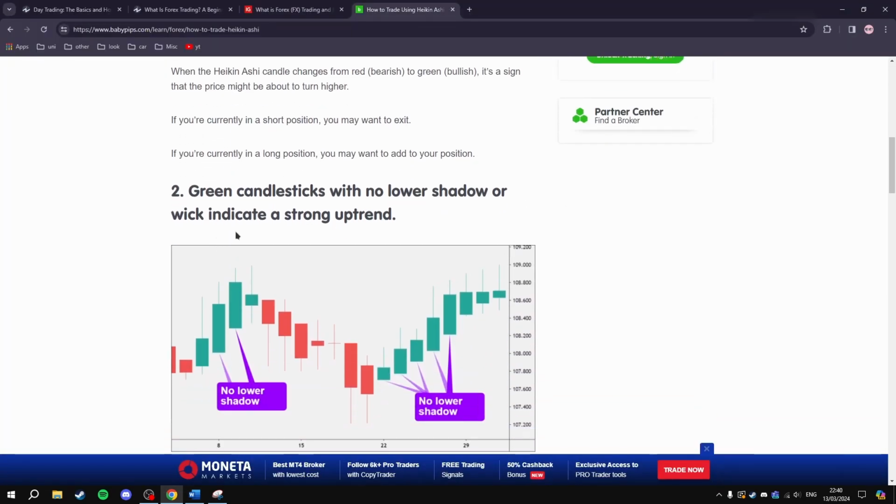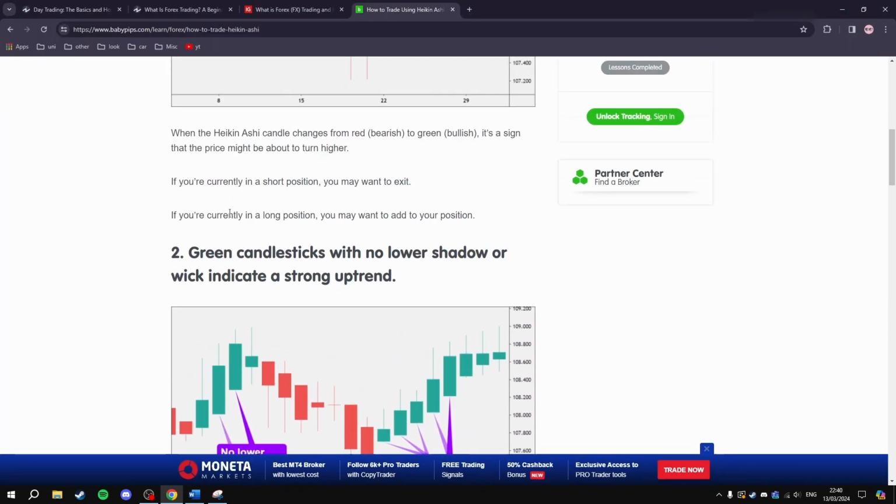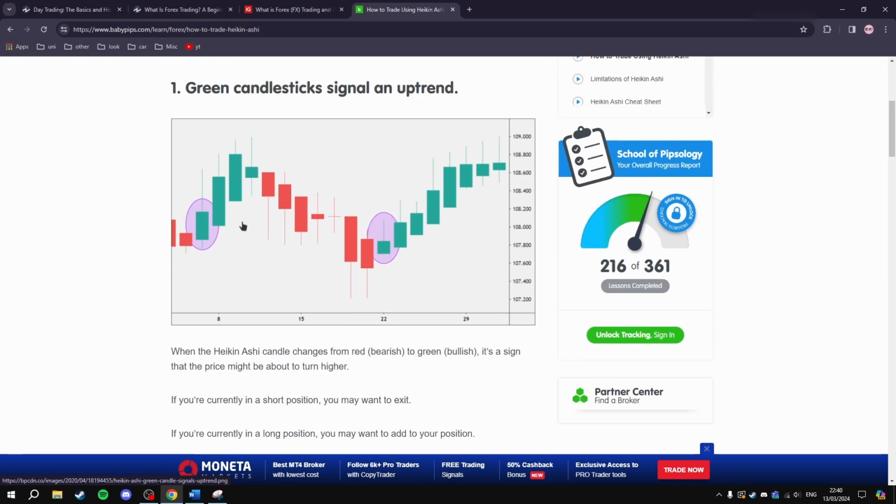Green candlesticks with no lower shadow or wick indicate a strong uptrend.